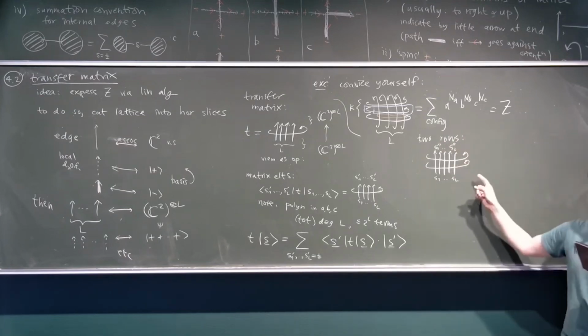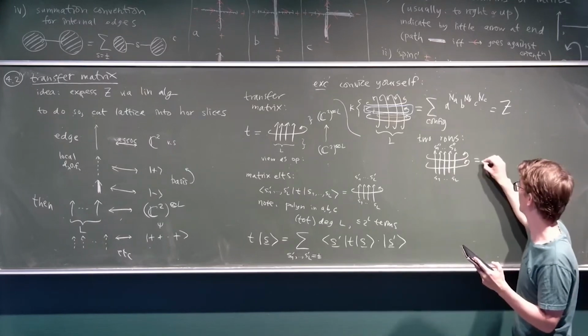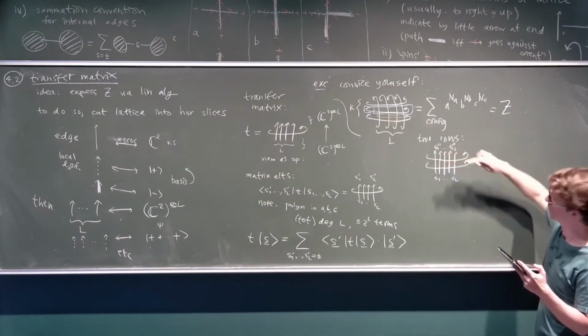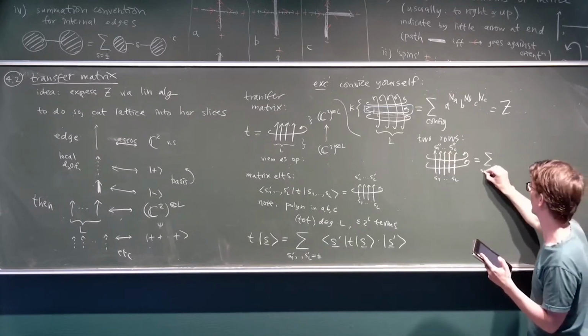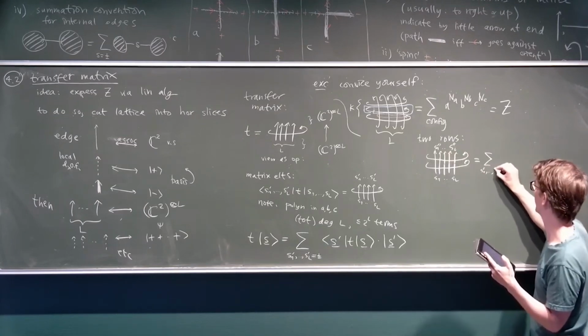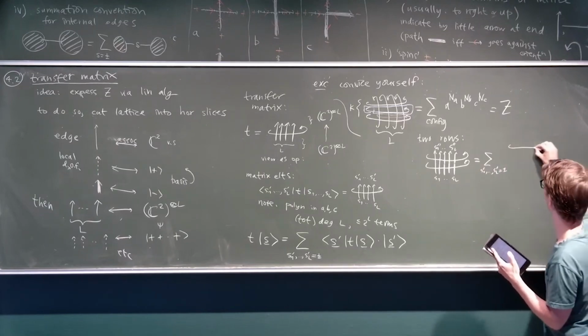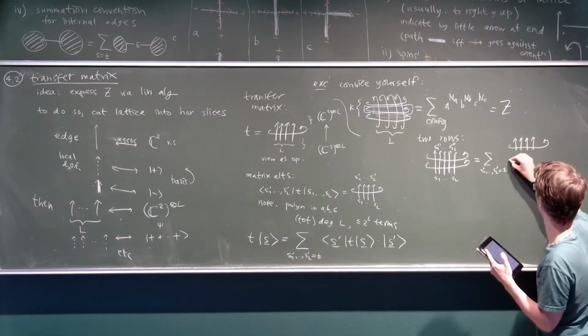So of course here there are lots of internal edges, so we're going to get a sum over lots of things. But let me focus on one part of these sums. Namely, we're going to get a sum over all the possible spin configurations on these vertical edges in between. So this is a sum over S1 prime up to SL prime equals plus or minus 1. And then I have the same picture twice on top of each other, but now with a little bit of space in between.